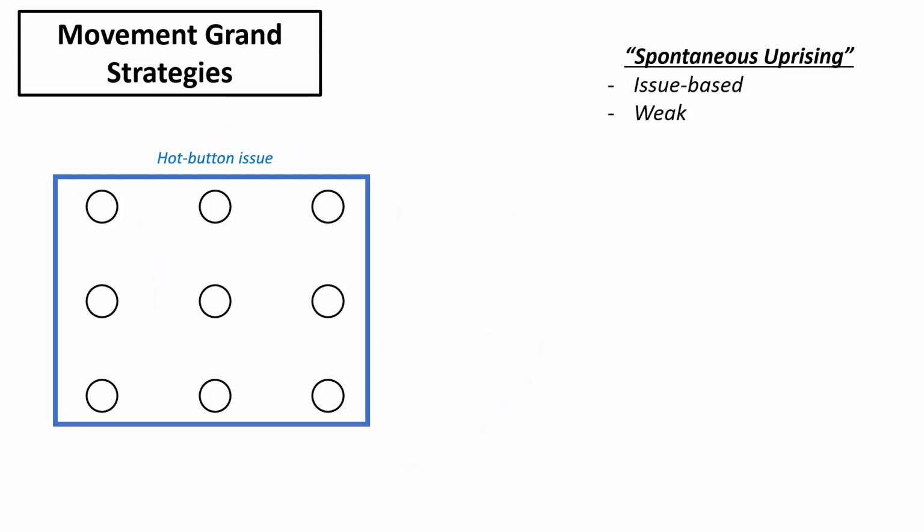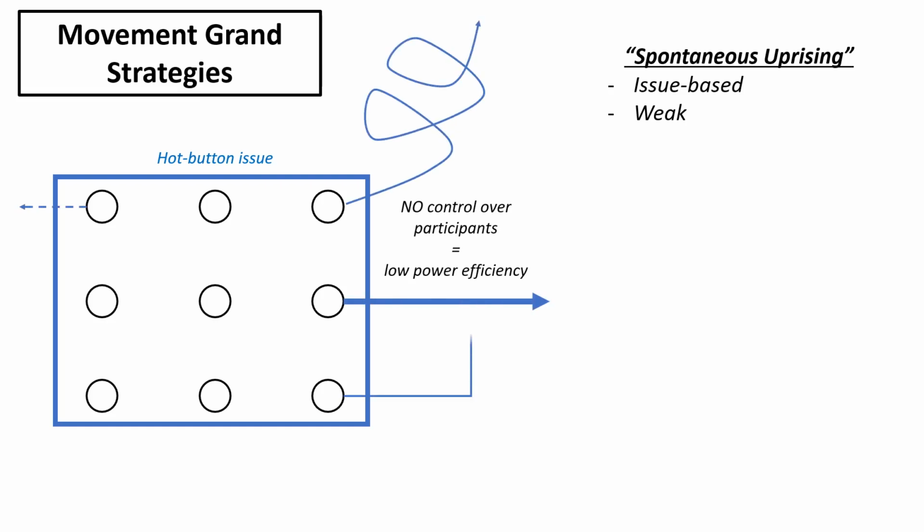Let's first look at the issue-heavy grand strategy, or spontaneous uprising. In a spontaneous uprising, activists focus on finding and deploying a hot-button issue that gets as many people as possible participating in the movement. Nobody forces people to participate in the movement. Nobody instructs participants what to do once in the movement.